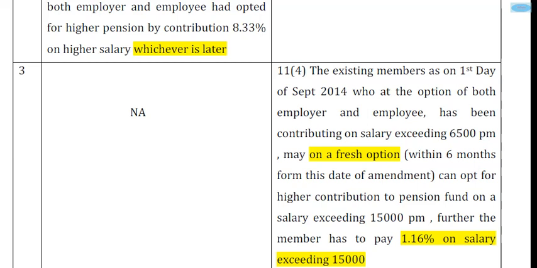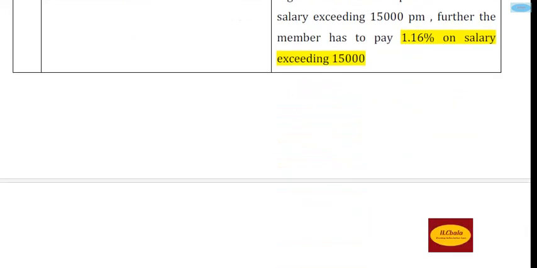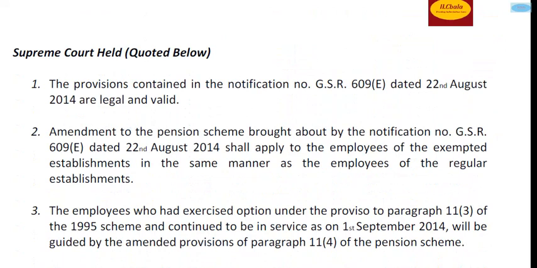So what it said is, the members who are already contributing and continuing to be in service should use a fresh option. Whether you opted earlier or not, it says you have to opt again to be eligible. So these were the amendments. The Supreme Court went into all these things and passed the following judgment.